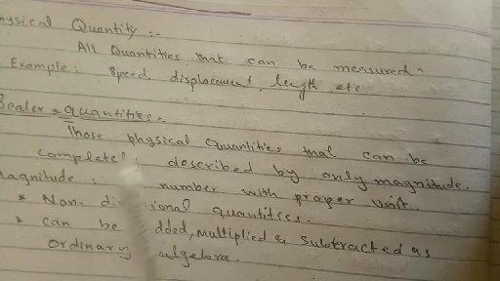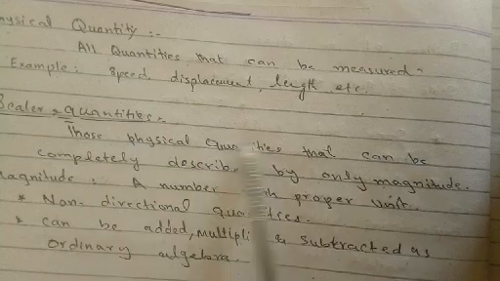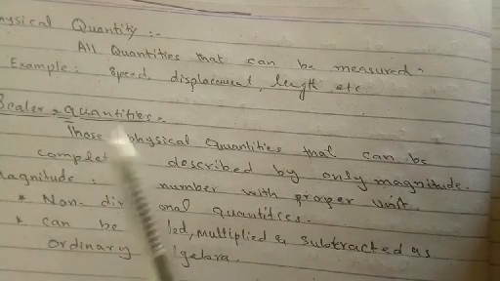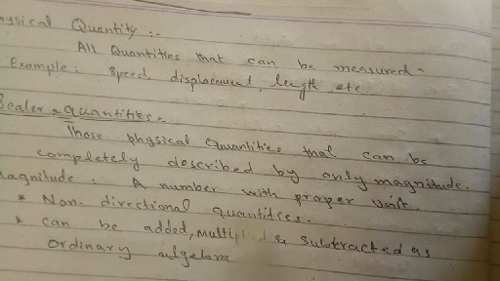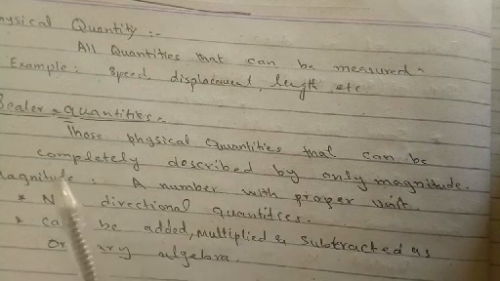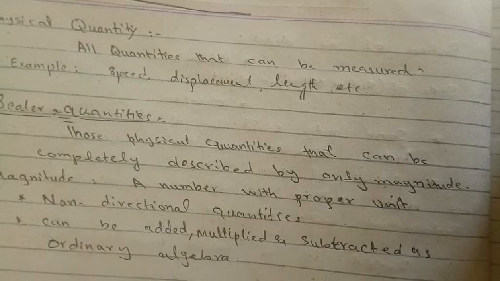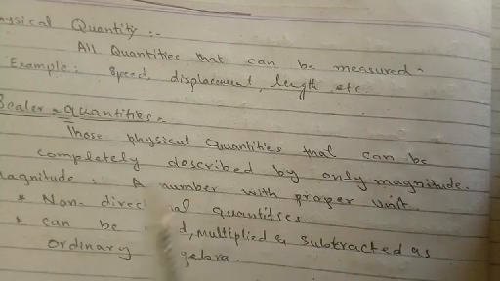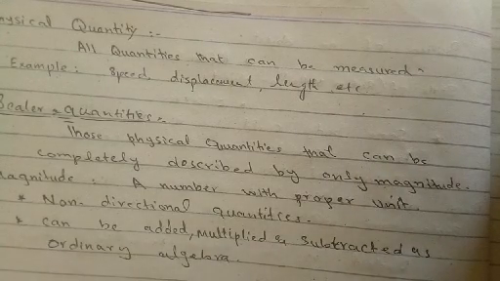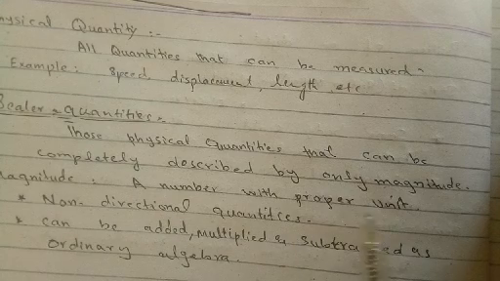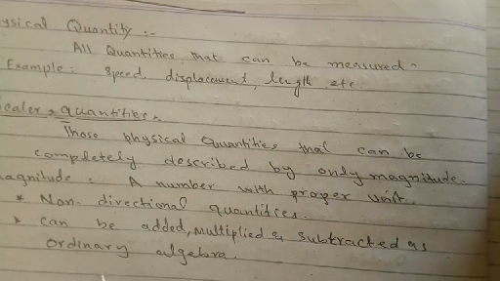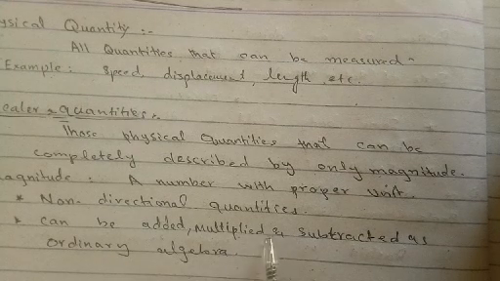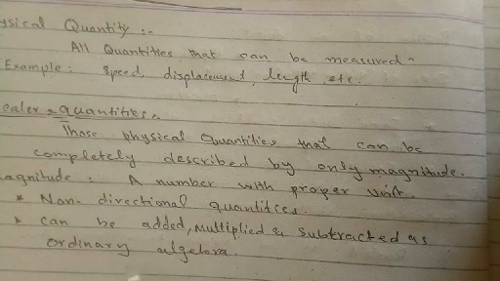So if you have to describe a scalar quantity, you only specify its magnitude, and it will describe the scalar quantity completely. And what is magnitude? Magnitude is the number with the proper unit.